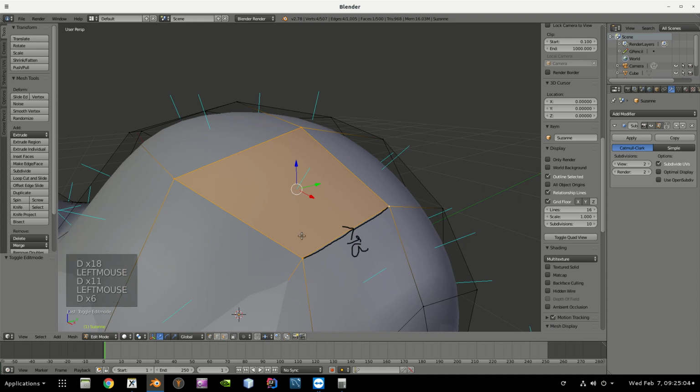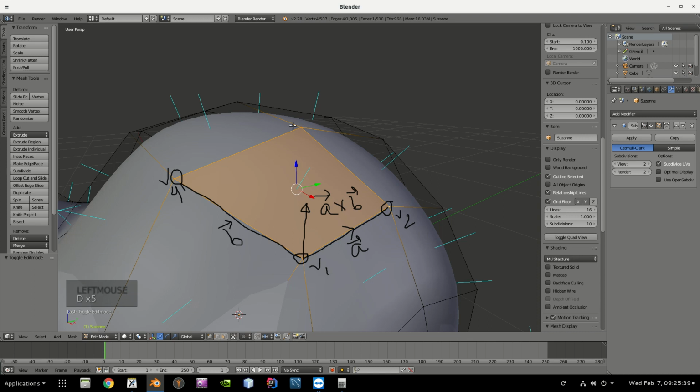Let us call this vector A, and we need another vector that goes from this point to the other point, vector B. Once you have that, you can find the surface normal with A cross B. The only thing we need is the coordinates for vertex V1, vertex V2, and the other vertices, let's say this is V4 if this is V3. For any polygon, if I give you the coordinates for each of these vertices, you should be able to form these vectors and carry out the cross product to find the surface normal. Is this thing clear?